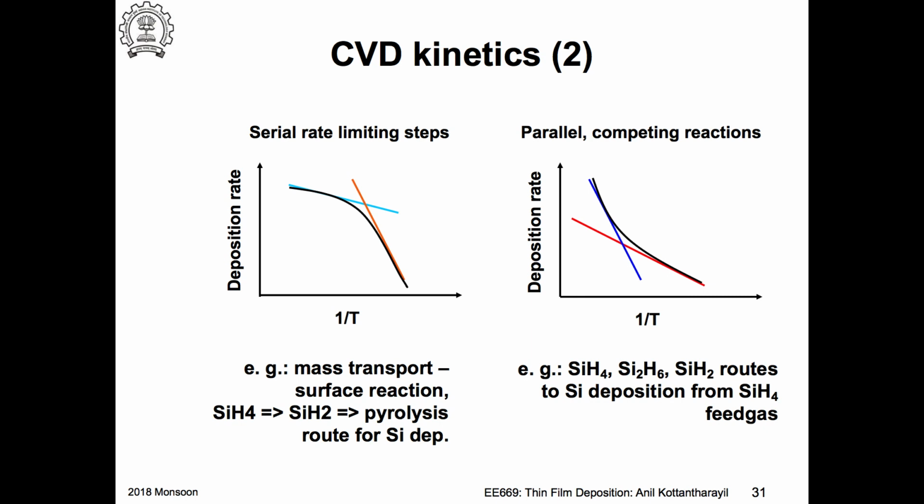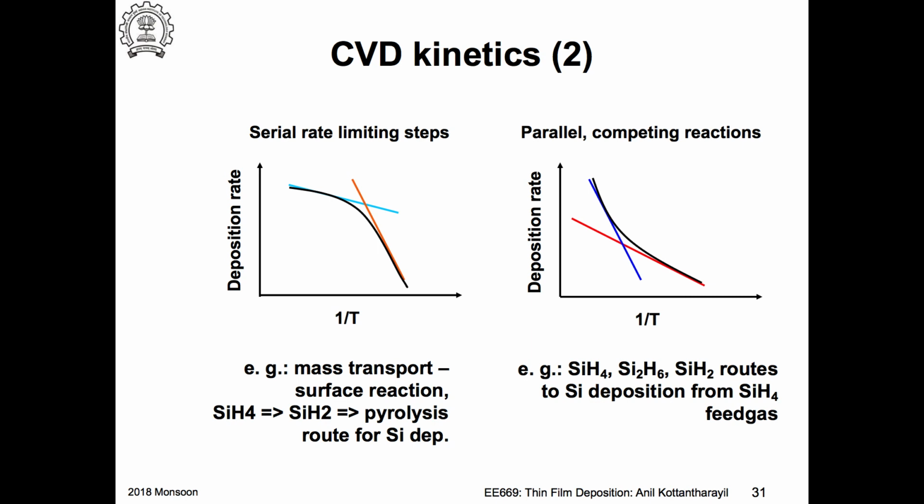So you have the serial limiting steps. These are Arrhenius plots. You have also worked out a problem in a quiz. So this is the overall reaction rate, right? It comes down like this. So whichever is slower decides the reaction rate, and for parallel competing reactions, whichever is faster decides the overall reaction rate.